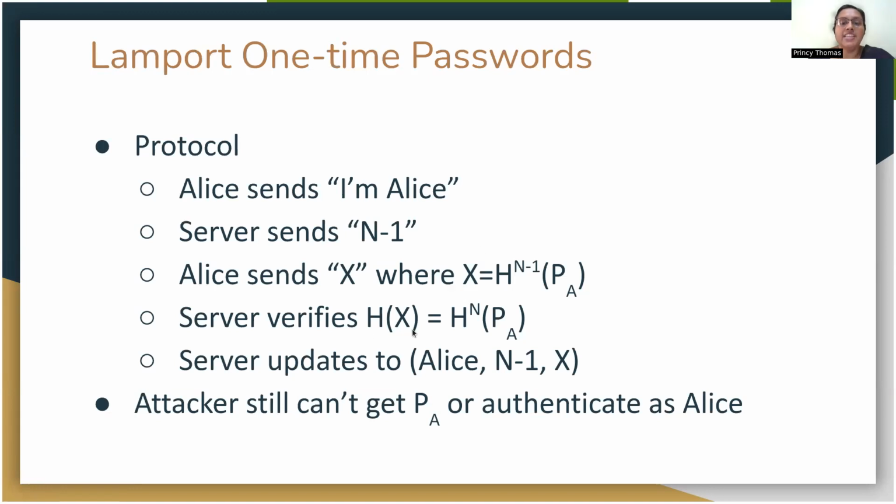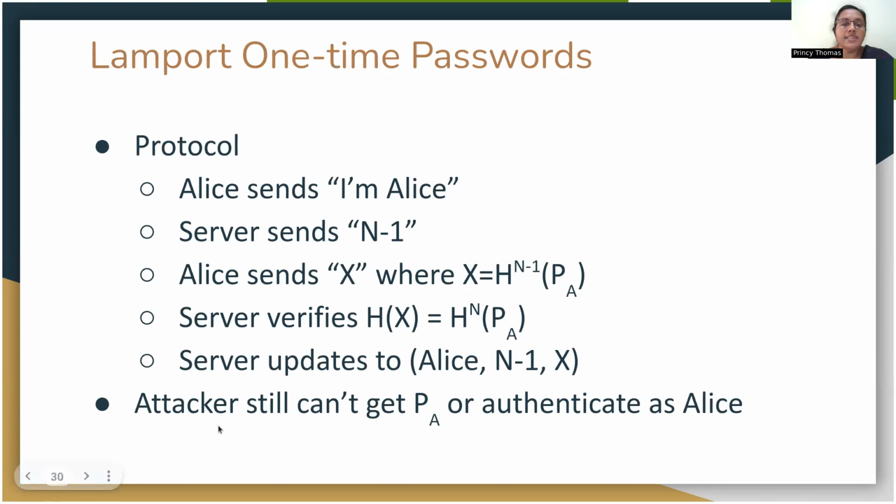So in effect, h of x is equal to h raised to n of PA. If this matches, then the server updates Alice's entry to n minus 1 and x.